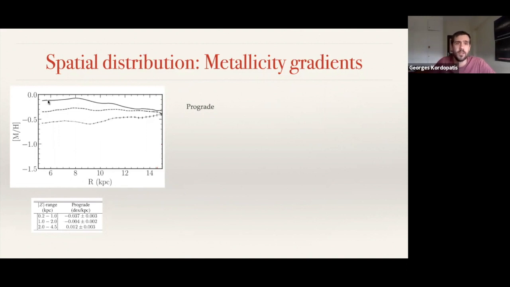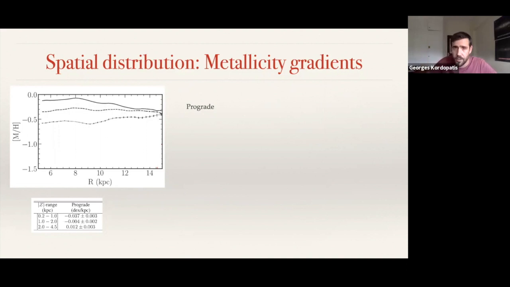Okay, for stars close to the galactic plane between 0.2 and 1 kiloparsecs, then you move higher up from 1 to 2 kiloparsecs above the plane, and then even higher up between 2 and 4.5 kiloparsecs. So you can see that for the prograde stars, you have a negative gradient here, which was already known since a long time. And as you move higher up above the plane, this gradient flattens and eventually even reverses at high distance above the plane.